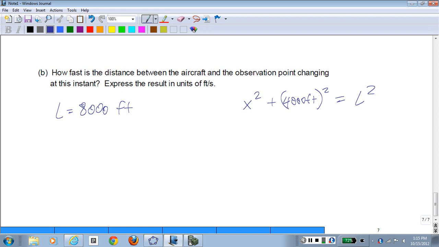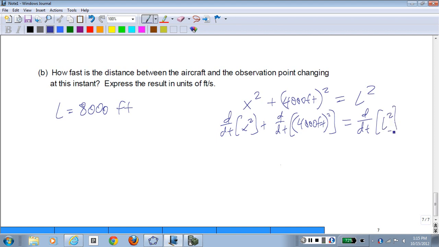So d/dt of x squared plus d/dt of this constant, 4,000 feet squared, what's that, 16 million square feet? Well, the derivative of 16 million square feet is still just 0. Equals d/dt of L squared. So 2x dx/dt plus 0 equals 2L dL/dt.